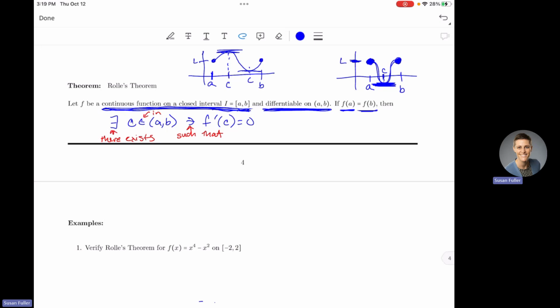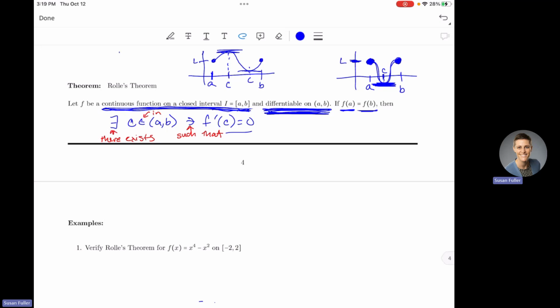And that means that we're going to have a place where we have a horizontal tangent line. We have to have that critical point in there somewhere. And because we're differentiable, that means that f prime of c has to equal 0. There will not be any places where f prime of c does not exist in our interval. So that's why these are the only kinds of critical points that we have.